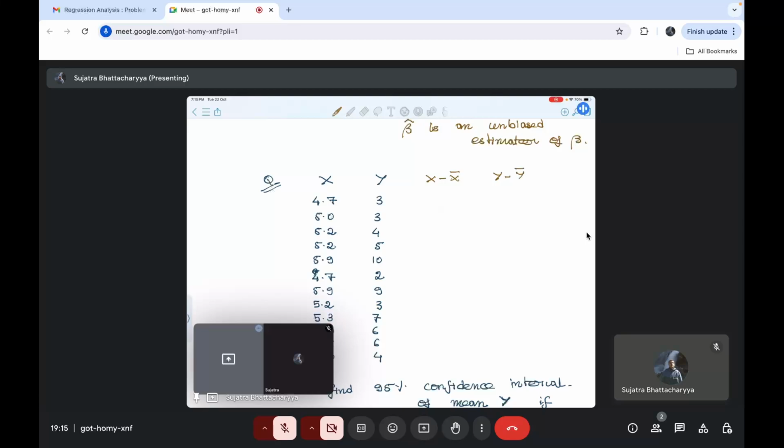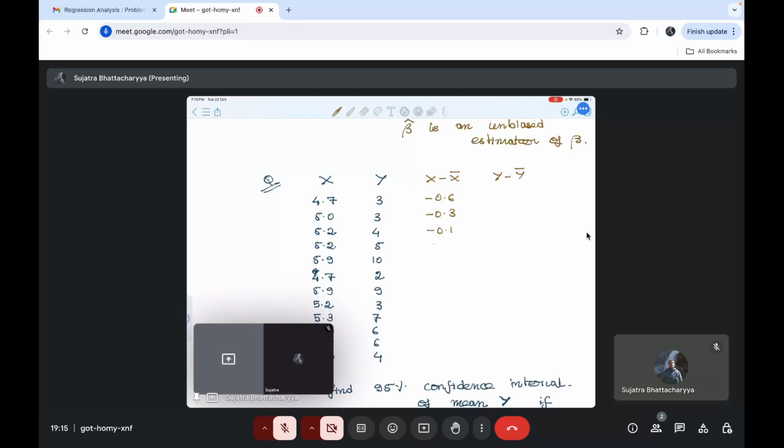Since we know x bar and y bar, each individual term you have to subtract. I have already calculated. You will have a calculator; a scientific calculator will be provided in the examination hall, on the computer screen.